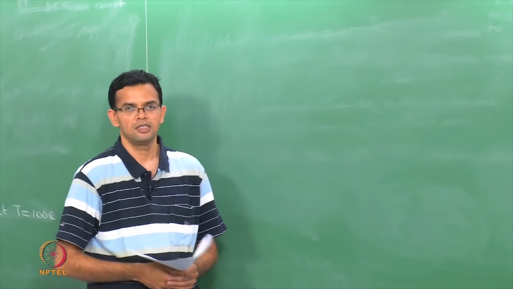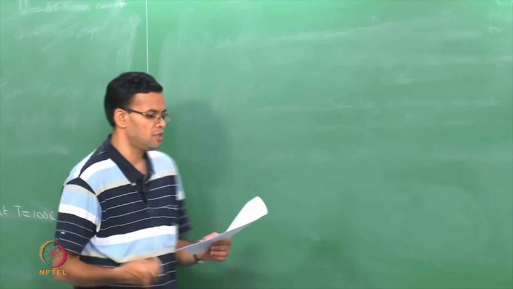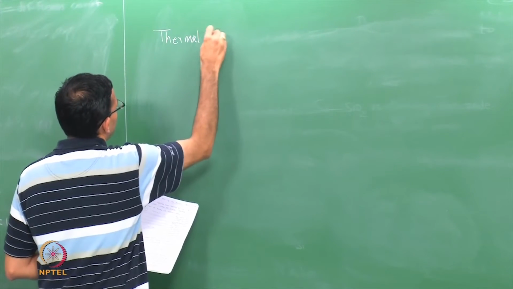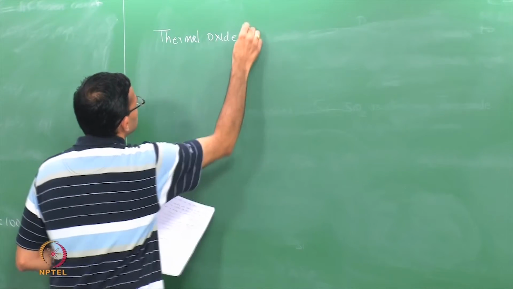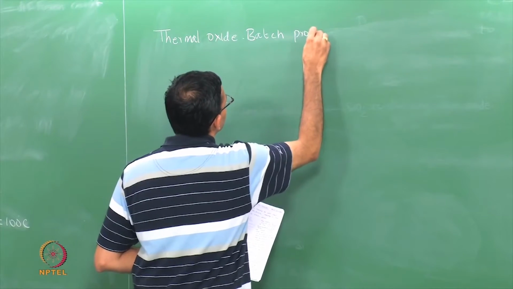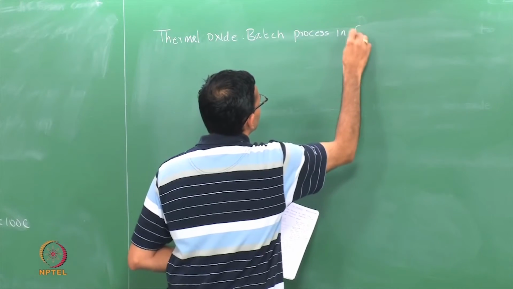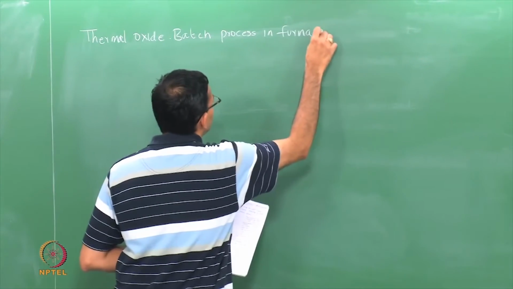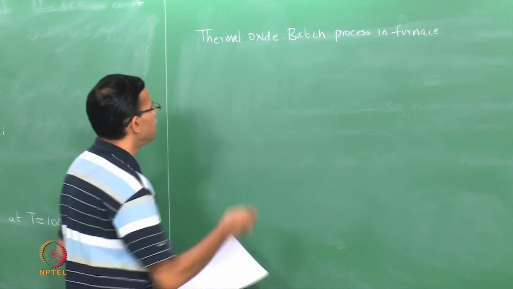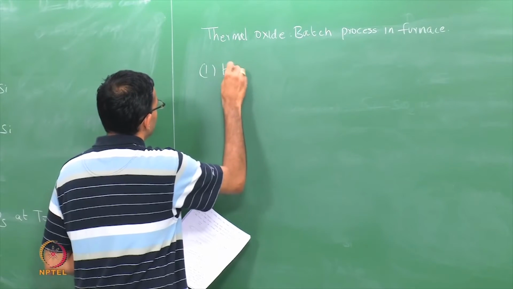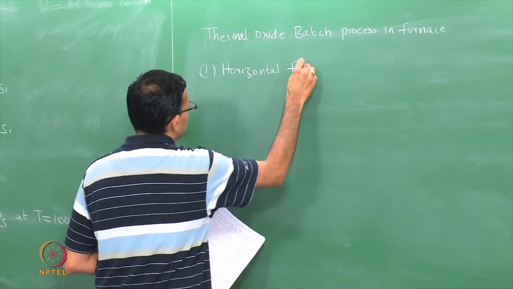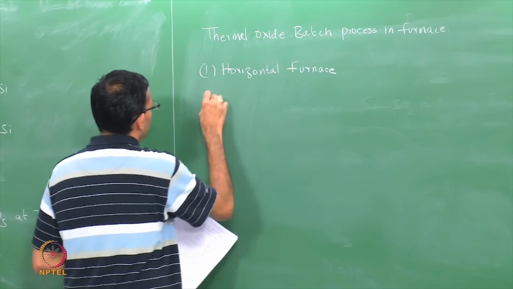So thermal oxides are usually grown in a furnace. It is a batch process, so that multiple wafers are grown at the same time. You can usually have either a horizontal furnace, which is used for small wafers, typically 3 or 4-inch wafers, or a vertical furnace.